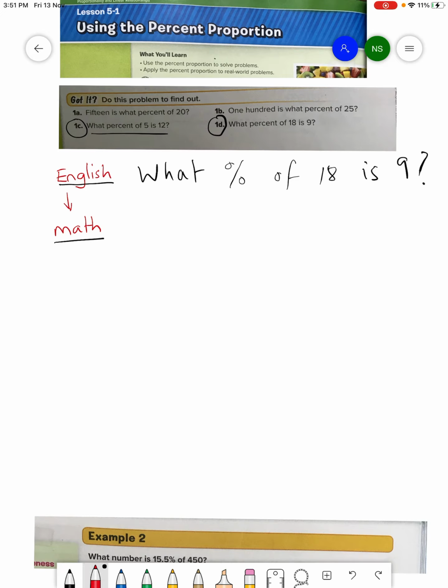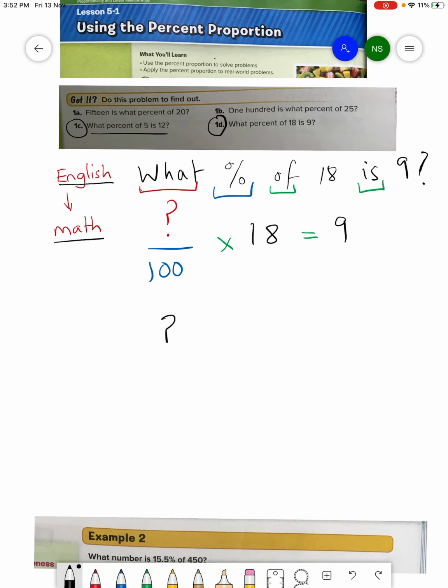So what, we'll use a question mark, percent, I'll write that question mark over 100, of is times, our number 18 is the same, and is equals 9. So my question here is now, in one go, question mark times 18 divided by 100 equals 9.